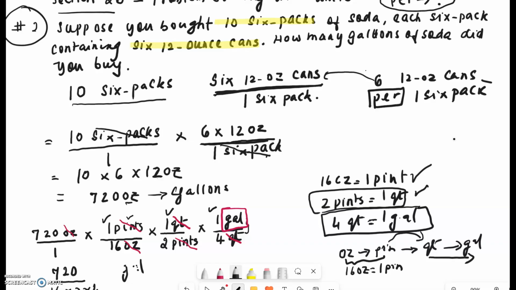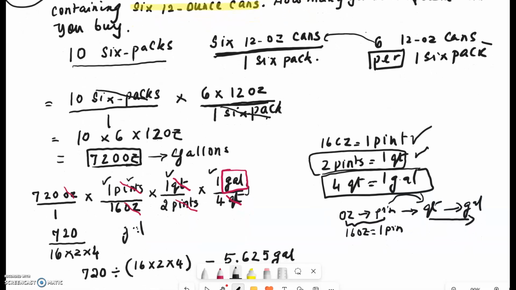So the amount of soda that we purchased is 720 ounces. That's the volume of the liquid. Now the question says how many gallons of soda, which means we have to start with 720 ounces and convert it to gallons. Now remember, you're only allowed to use the formulas given in the sheet, and there is no direct conversion of ounces to gallons.